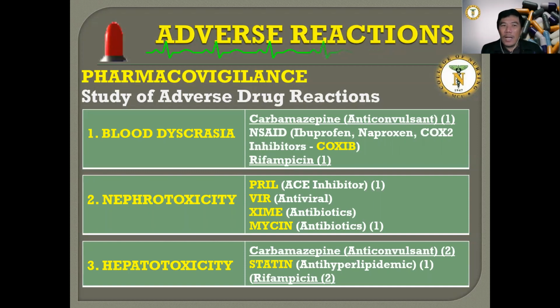Next, a drug that may also cause blood dyscrasia is rifampicin. Meaning rifampicin may appear in other adverse drug reactions.